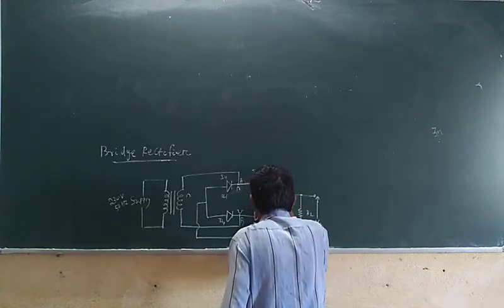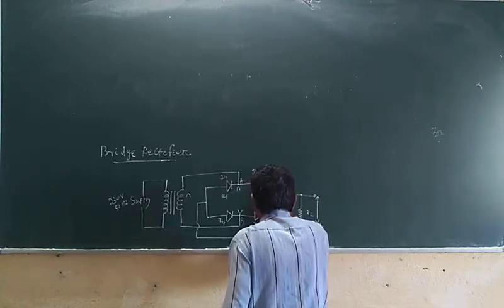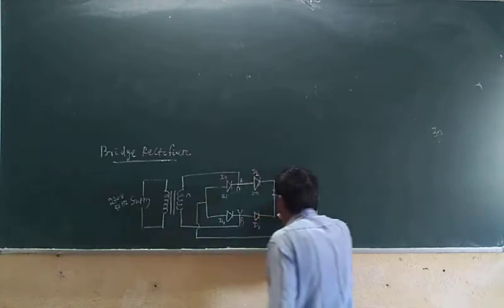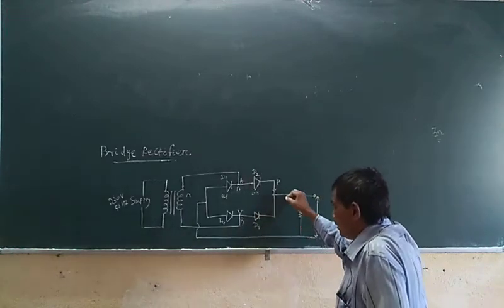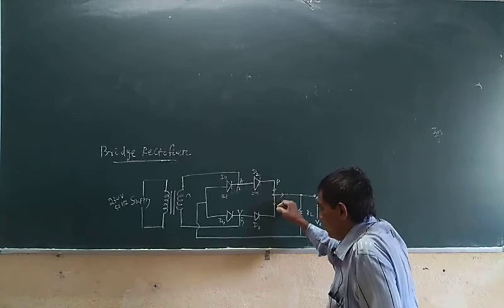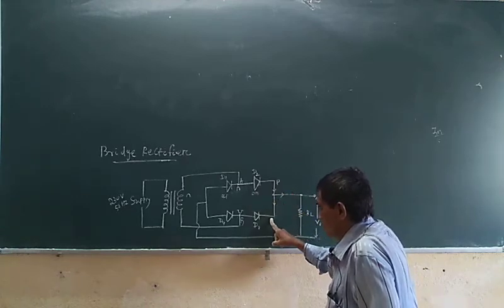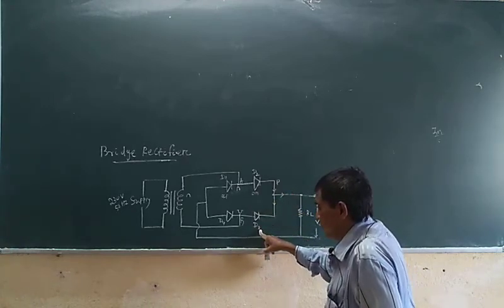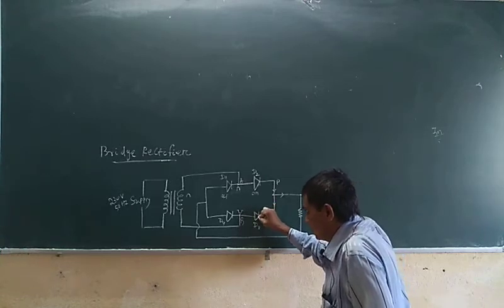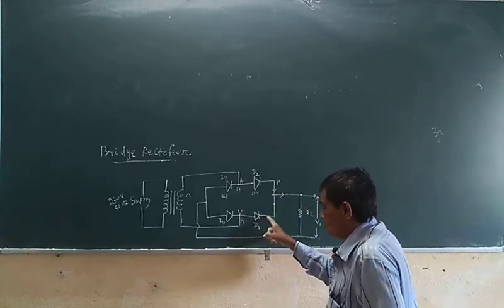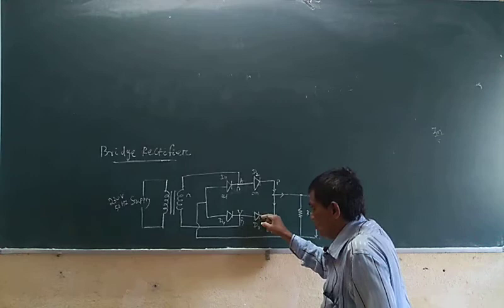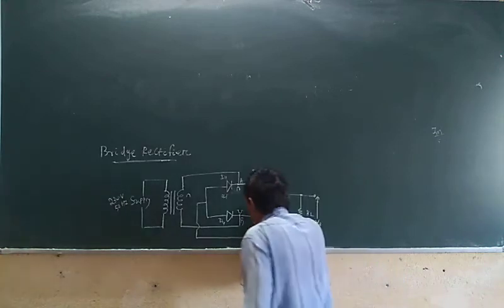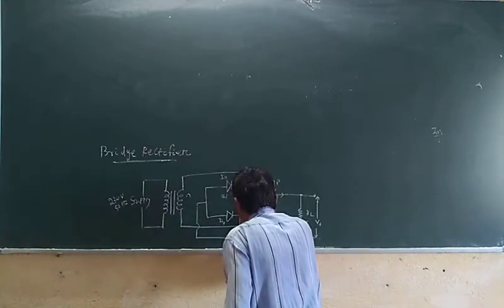Then this voltage can also take two paths. Now positive is connected to the D3 diode at the cathode point. So the cathode gets positive, then it is reverse biased, so it is in the off position.